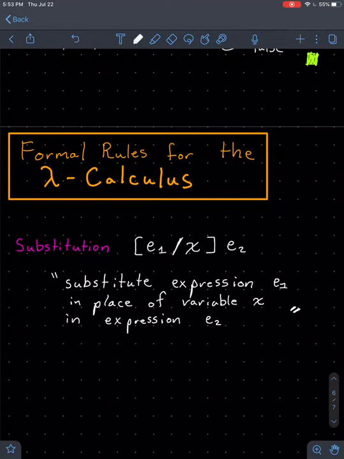This is the only rule that's a little more hand wavy, but I think you understand how to substitute: wherever you see an X, put E1 there instead in E2. Does that make sense to everybody? Questions about that? Cool. Sounds like we're good so far.